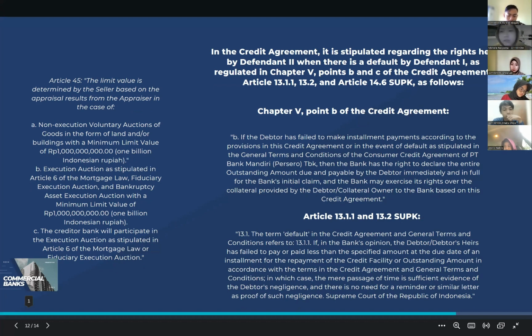In the credit agreement, it is stipulated regarding the rights held by defendant 2 when there is a default by defendant 1, as regulated in Chapter 5, points B and C of the credit agreement, Articles 13.1.1 and 13.2 and Article 14.6 SUPK, as follows.